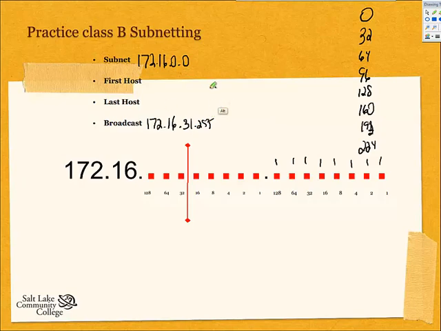Everything else, a piece of cake after that. 172.16.0.1, 172.16.31.254. Right. Again, not any different, and we could pretty much tear through the rest of these as far as ranges go.